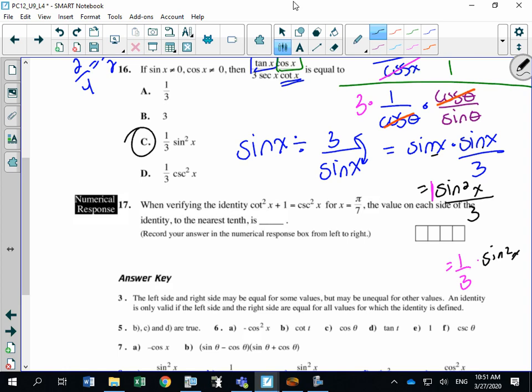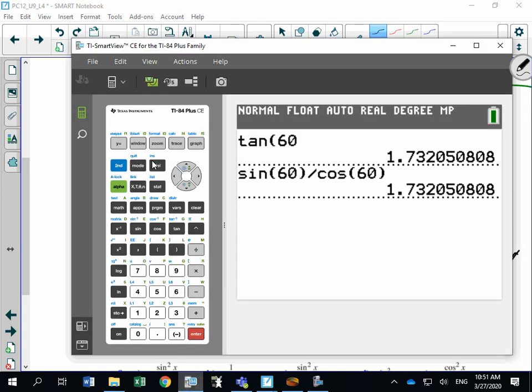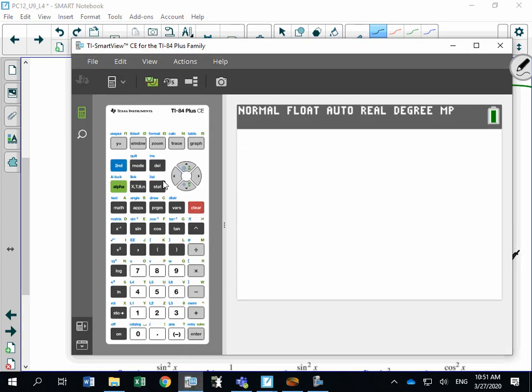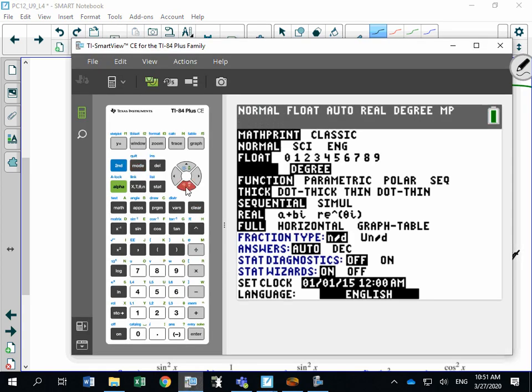Last question, number 17. When verifying this identity here, for x is equal to pi over 7. So they want us to check left-hand side and right-hand side. It says the value of each side of the identity to the nearest tenth. So if I was to plug in pi over 7, and this is going to be a calculator question, so I'm going to go back to change my mode to radian mode.